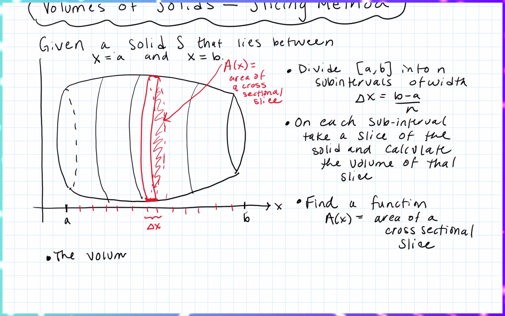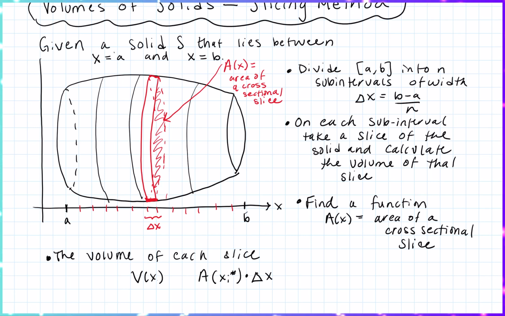So if that's the area of a cross-sectional slice, then the volume of each slice can be found by taking the area of a cross-sectional slice somewhere on the interval and multiplying by the width. That's what the volume of each slice is going to be equal to.